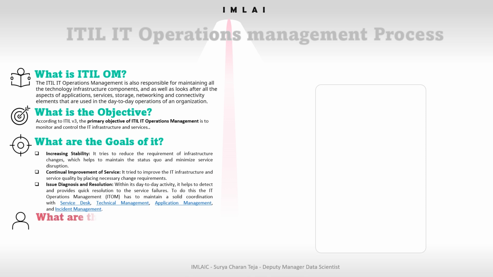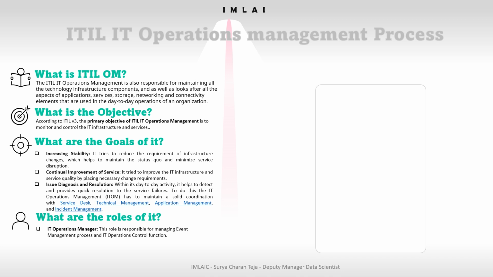Now let's see what are the different roles that are present inside that. Then we will look into the ITOM and what tasks they do every day. So the two major roles responsible for managing the IT operations management function are: ITOM is a function of ITIL.